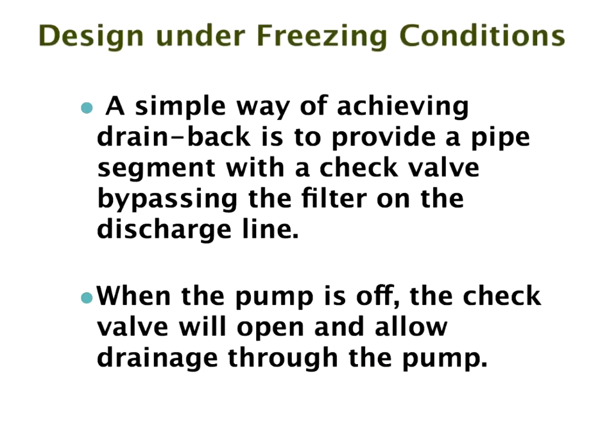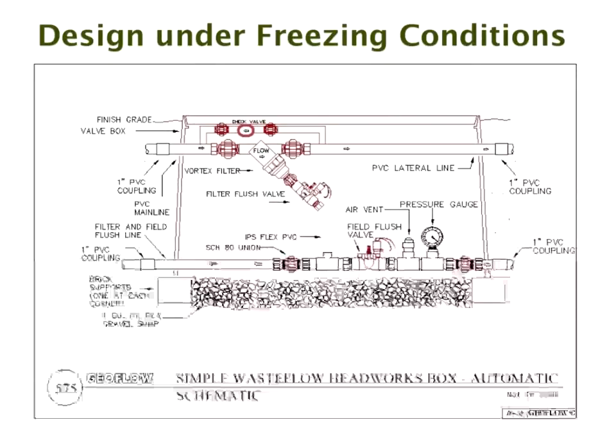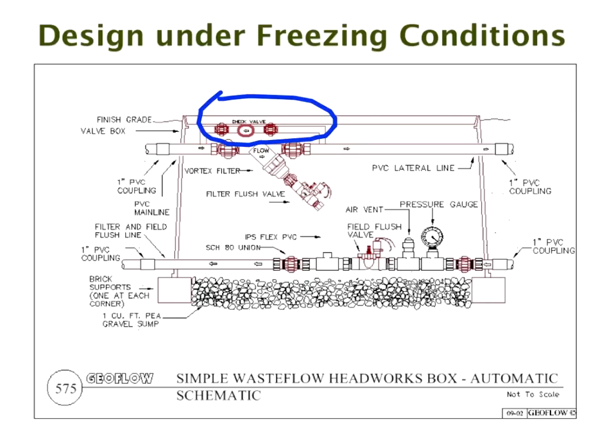As I said, I believe there's a picture of that next. Yes, here we are. And this is the check valve. So when you're pumping, of course, it's going out this way, and when you switch off, and this is below, the drain field is higher, so the water pressure flows back here, and then that check valve allows the water to flow around the filter and back through the pump.